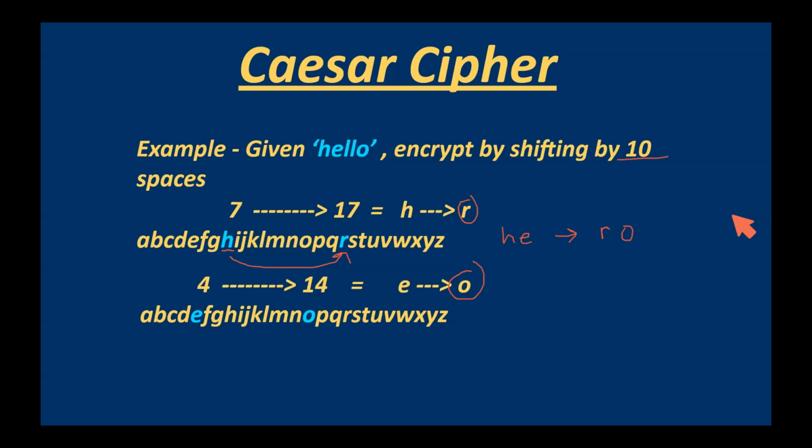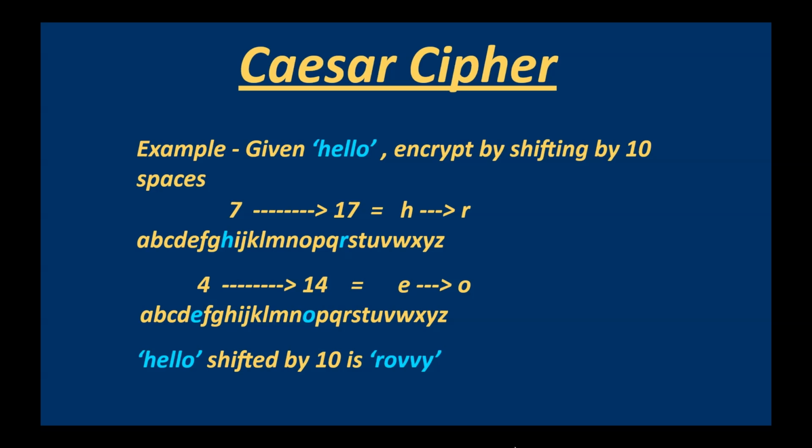This is how the Caesar cipher works, and your shift can be forwards or backwards. You can do a shift by -10 to go backwards. So going along with this idea, here is your complete result. Hello, shifted by 10 is, and this is encrypted text, so it's not a real word.